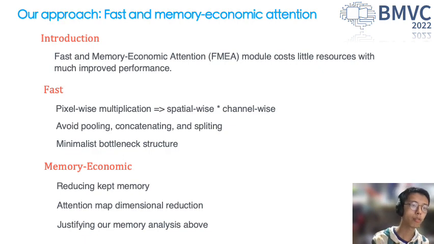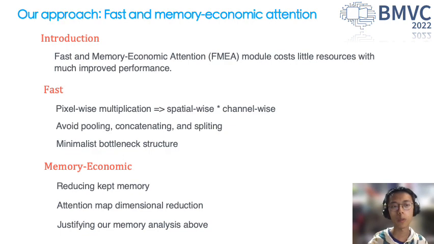From the fast perspective, the pixel-wise multiplication is factorized into a spatial-wise and channel-wise attention. And we avoid the pooling, concatenating, and splitting operations, which would cost much computation and memory. As a minimalist bottleneck structure, it costs little resource to get improved performance.